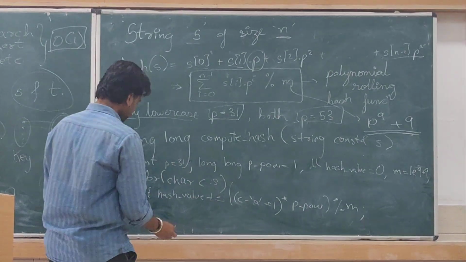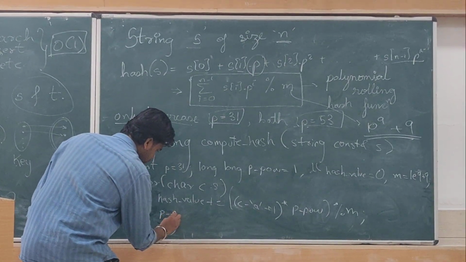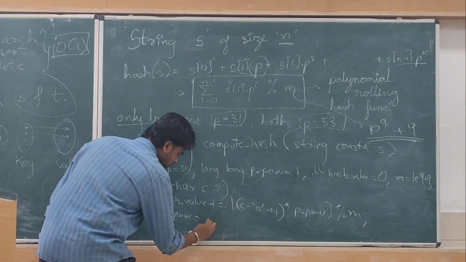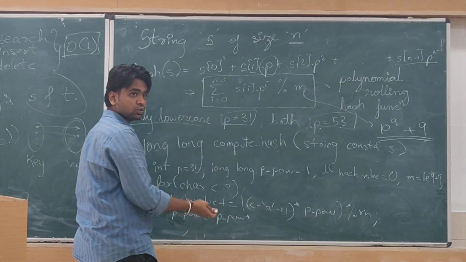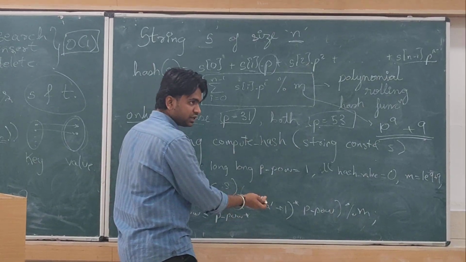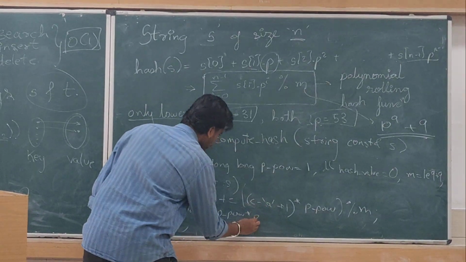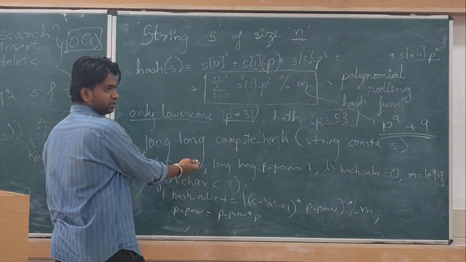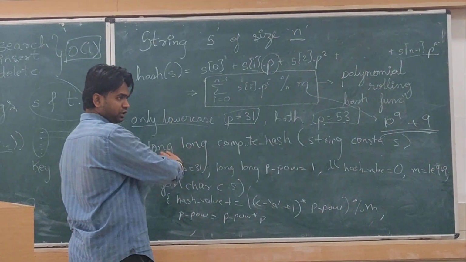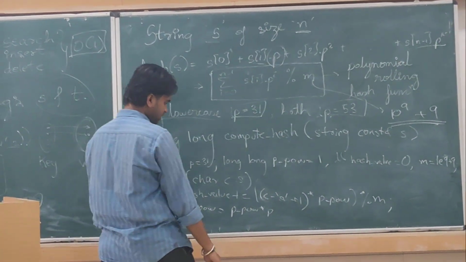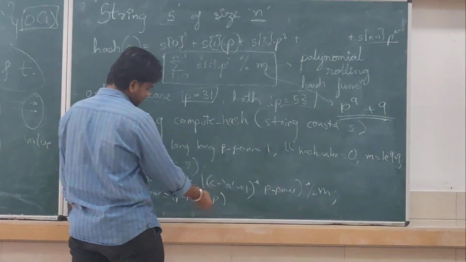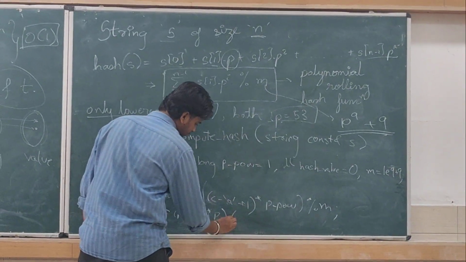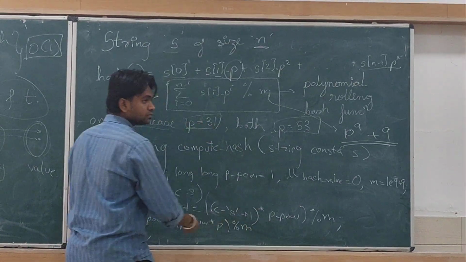Power update करना पड़ेगा, p power is equal to so initial p power था into p na, and p we have already defined as 31 since lowercase here. If you have both lowercase uppercase, then it is 53, right? So it's p power into p. And this is here I was going to tell you for optimization यहाँ पे mod लेगा इनका.